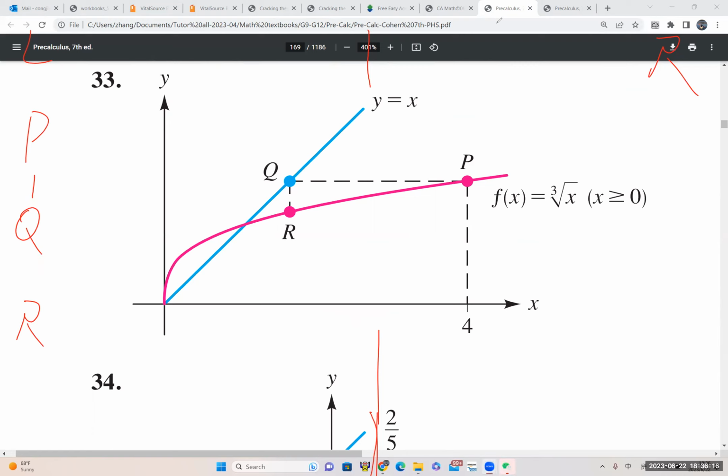You can decide the order to find the coordinates for all these points. Let me know if you have any questions.